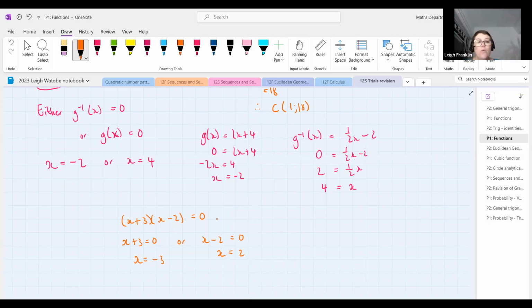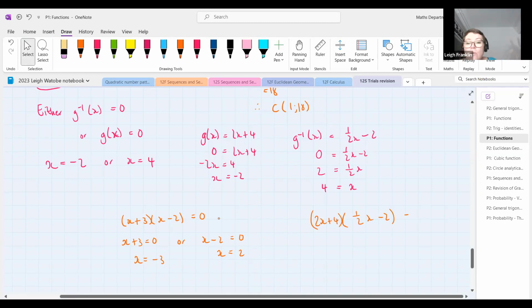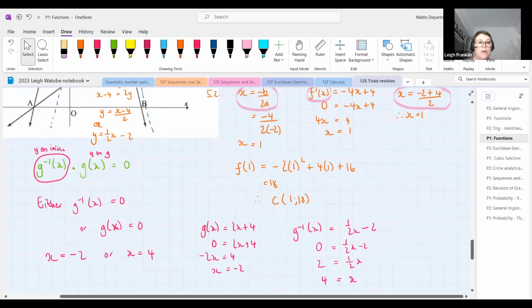Okay, so here what they are doing is they are saying when I multiply 2x plus 4 with half x minus 2, I want to get 0 as an answer. Because that's what the product of these two is.